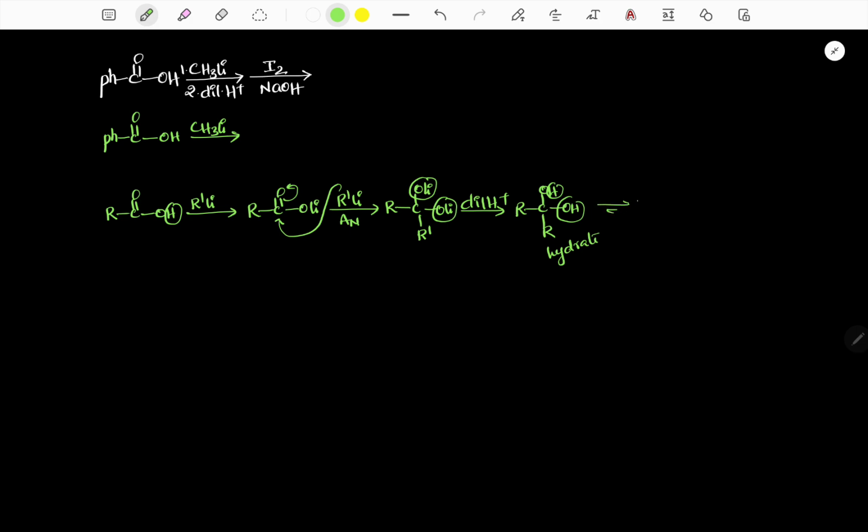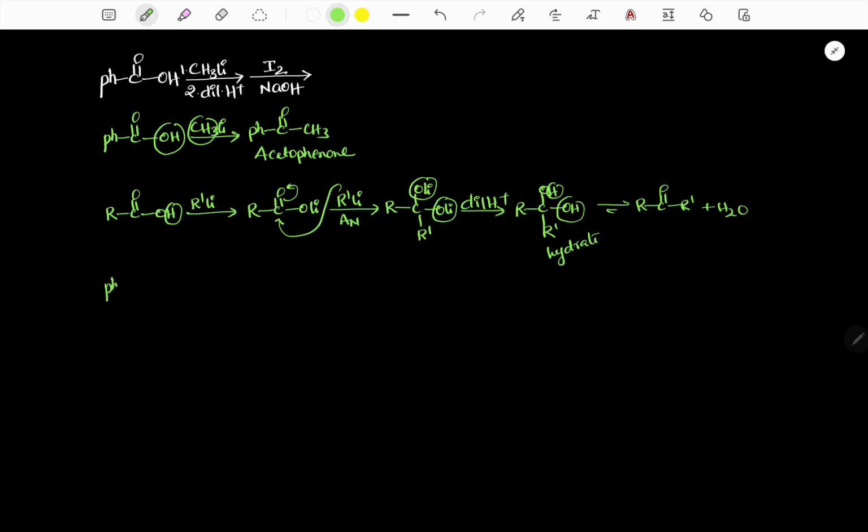Immediately it decomposes to the corresponding ketone and water. Similarly in this case also, the OH group and CH3 group, simply the answer is PhCOCH3. This compound is known as acetophenone.